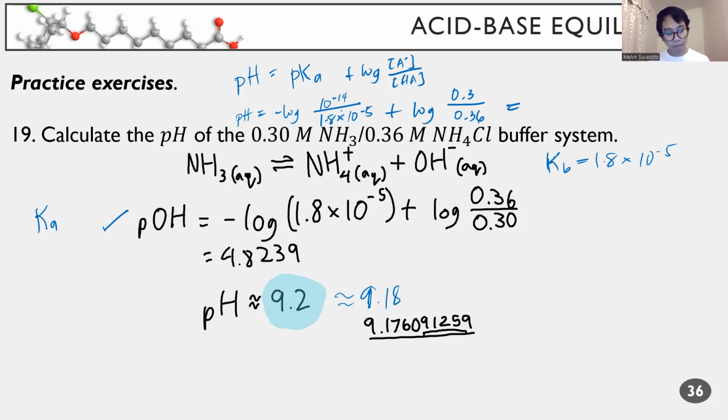So if you solve negative log of 10 to negative 14 over 1.8 times 10 raised to negative 5, plus log of 0.3 over 0.36, it's the same, 9.18.